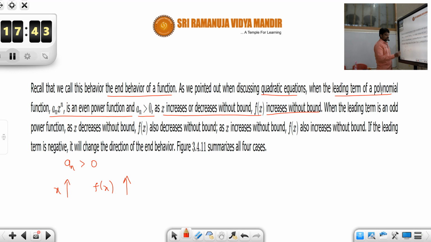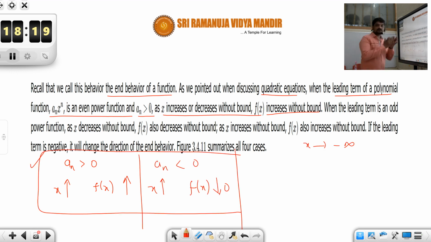Okay, students, another important characteristic you have to understand is how the graph behaves when x tends to minus infinity. When x tends to plus infinity, the behavior depends solely on the sign of the leading term.